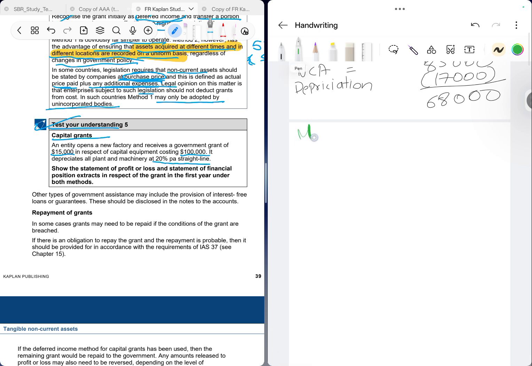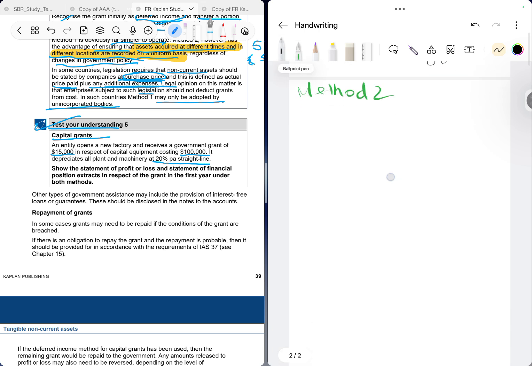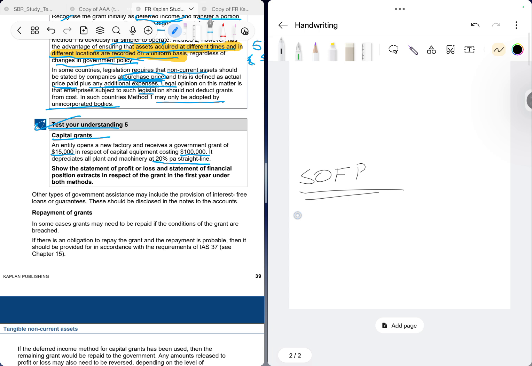So what do we do in method 2? We are going to be recognizing this as a deferred income. First of all, in my statement of financial position, I am going to be recognizing this asset as it is.